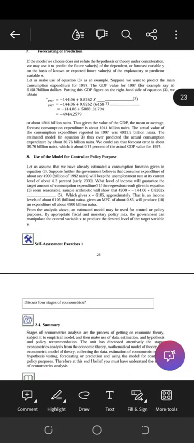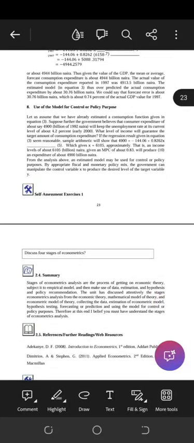So from the analysis above, an estimated model may be used for control or for policy purposes. By an appropriate fiscal and monetary policy mix, the government can manipulate the control variable to produce the desired level of target variable Y. Did I also mention that the dependent variable is also called the control variable?